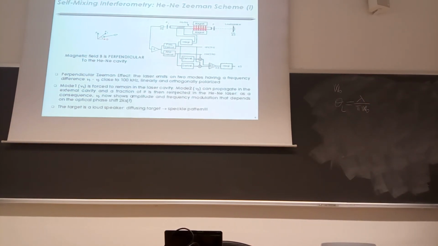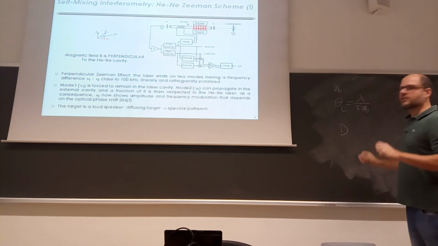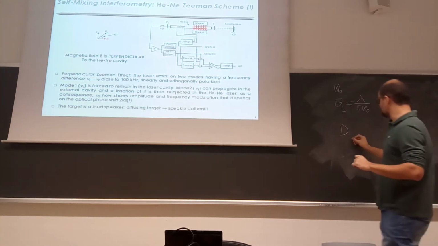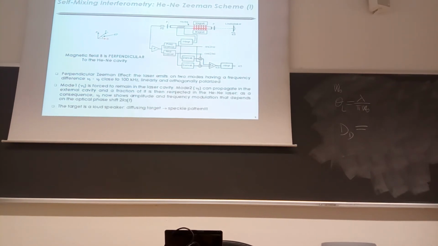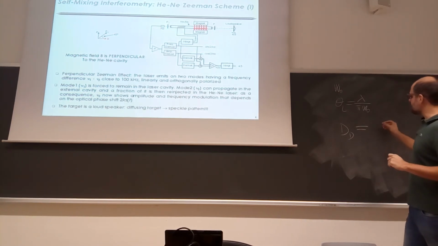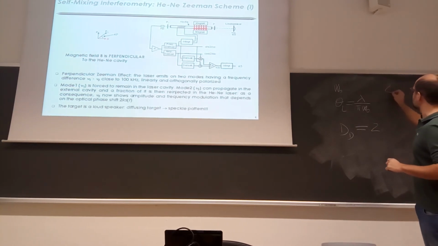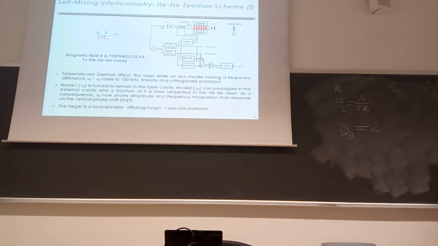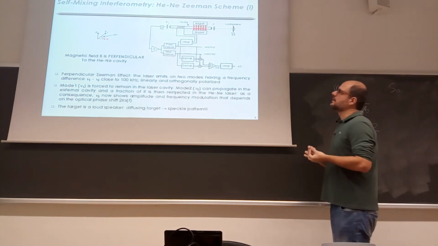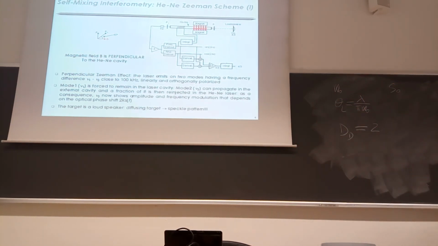Now, what is the diameter of the spot onto the diffuser, the spot with which you illuminate the loudspeaker? Let's suppose that you work at a distance S0 from the output mirror, or that the quiescent position of the loudspeaker is at a position S0 from the output mirror of the laser.